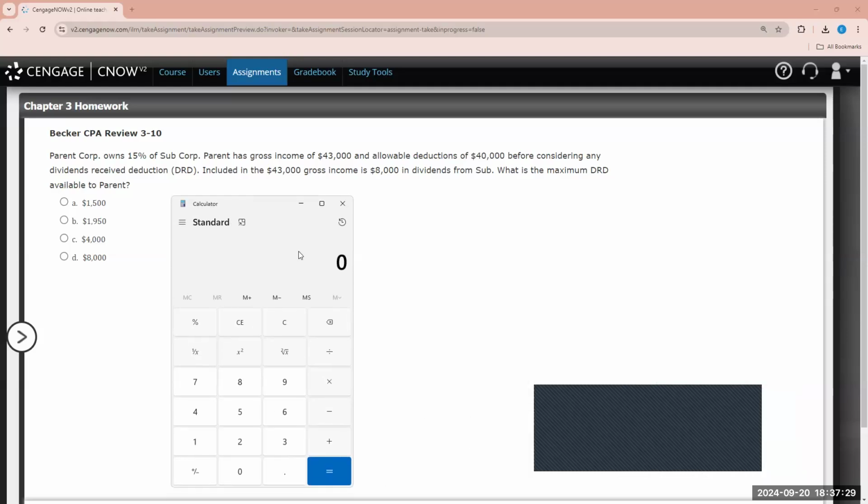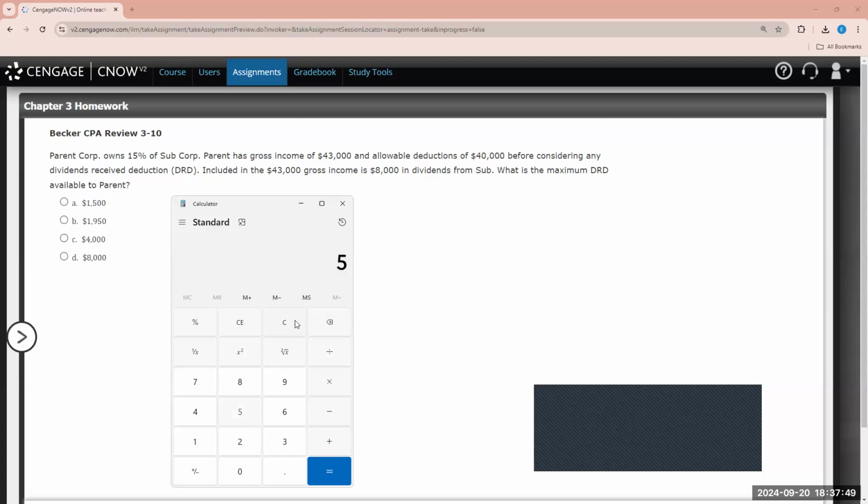We see here they have gross income of $43,000, and then they have deductions of $40,000. Therefore, the limitation does not apply, and we get to take the full $4,000 deduction because it would create a net operating loss.